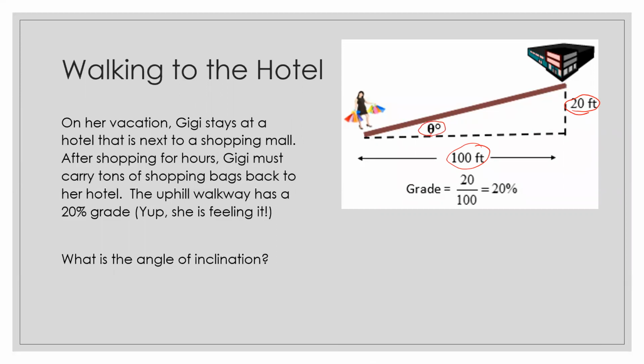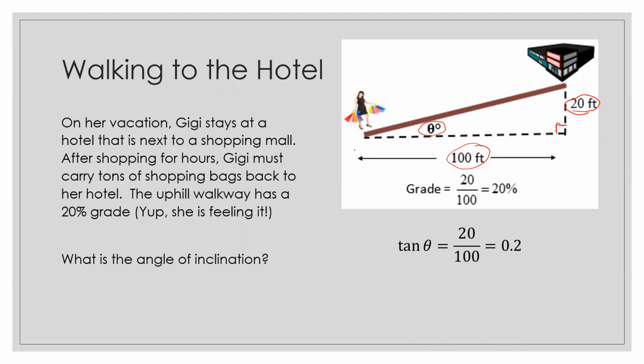This is a right triangle with the right angle right here, and we know the length of the opposite and the adjacent side. Opposite over adjacent, that calls for tangent. So tangent of theta is 20 over 100, or 0.2, that 20% grade.